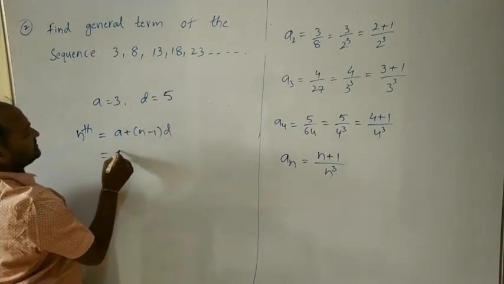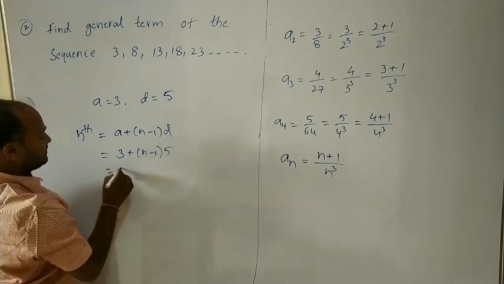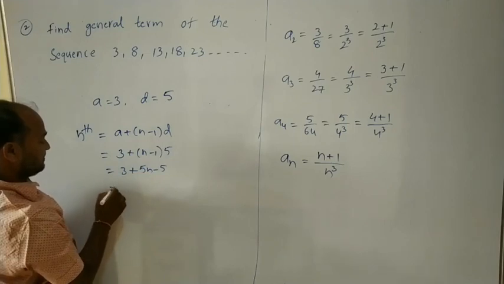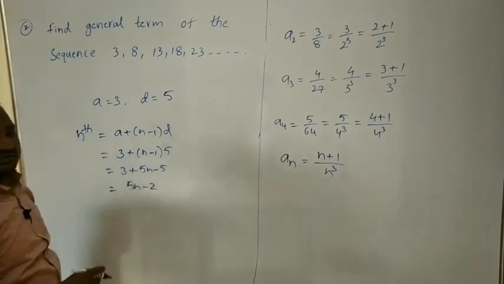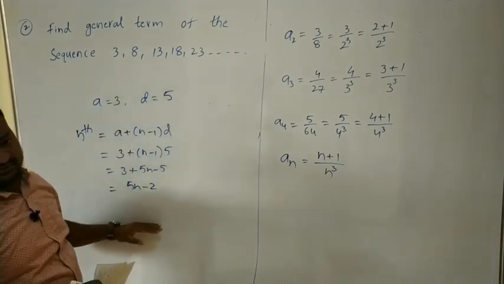So that is 3 plus n minus 1 into 5, which is 3 plus 5n minus 5, which is equal to 5n minus 2. So this is the general term of the given sequence.